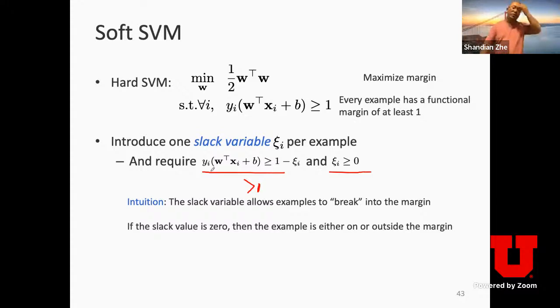And as to which particular examples should be excluded outside the margin or break into the margin, we allow the automatic optimization over those slack variables, xi, to decide. Does it make sense? That's the meaning of introducing this slack variable xi for every training example.